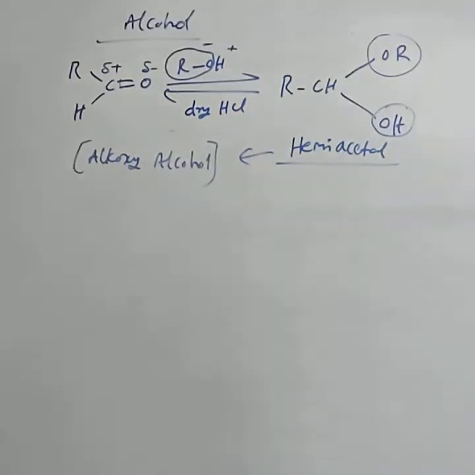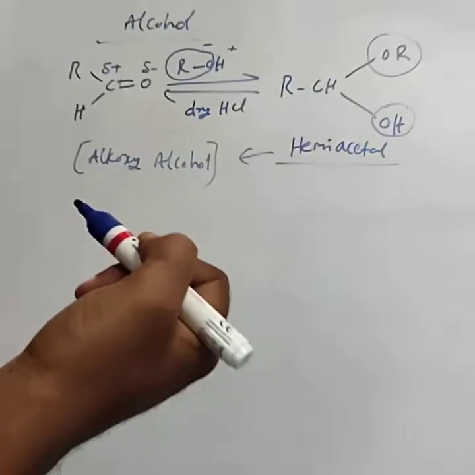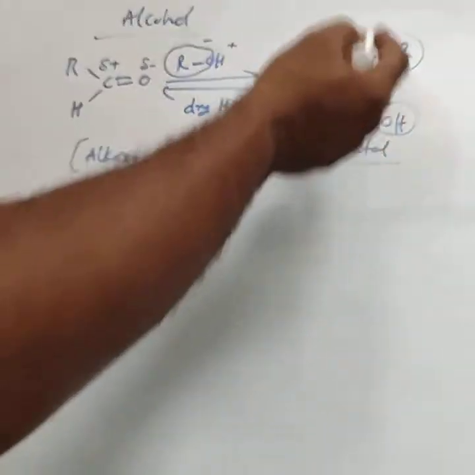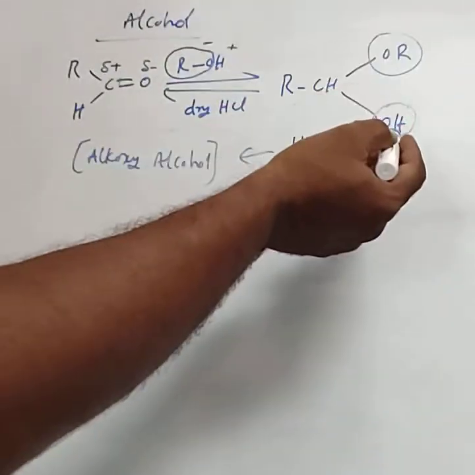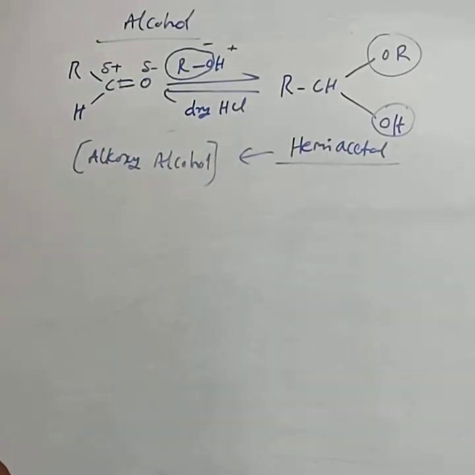When aldehydes react with alcohol in the presence of dry HCl, hemiacetal is formed. This is the formula of the hemiacetal. What is a hemiacetal? It is an alkoxy alcohol. This is the intermediate.